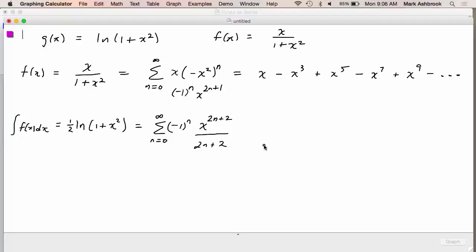Antiderivative of f is the integral of f. Antiderivative of x over 1 plus x squared is the 1/2 natural log. And then antiderivative here of x is 1/2 x squared, minus 1/4 x to the 4th, plus 1/6 x to the 6th.